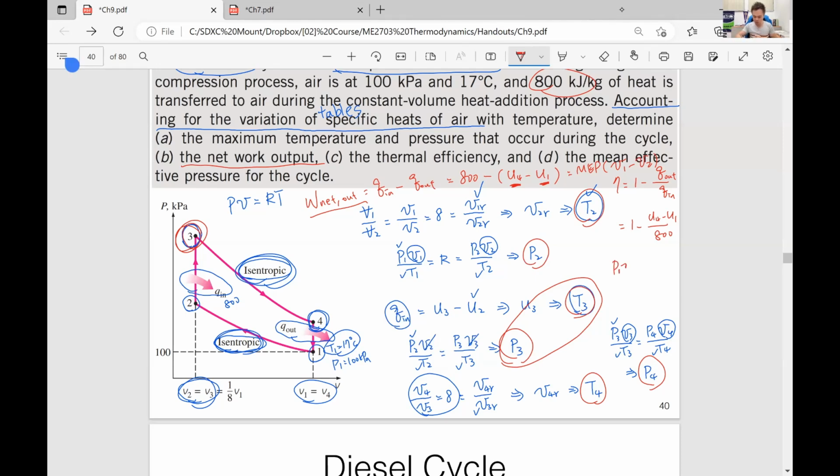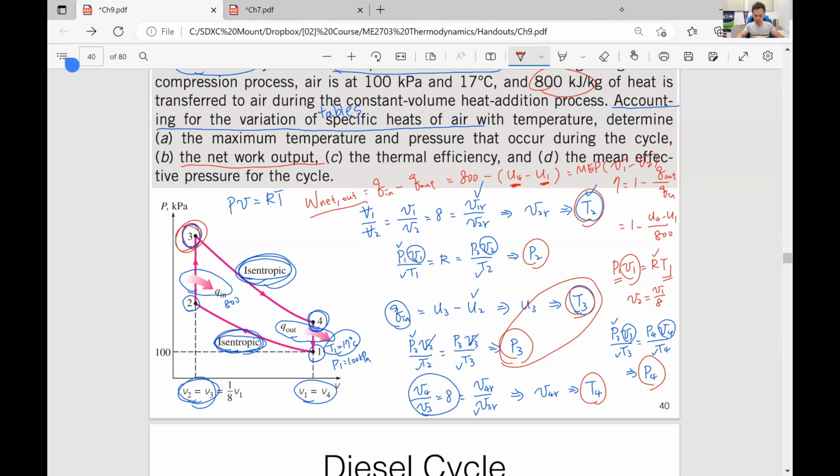Because P1 V1 equals R T1. So we know R, we know T1, we know P1, so you can find V1, and V2 is V1 over 8. So you can get MEP.